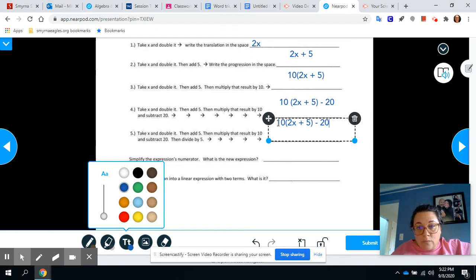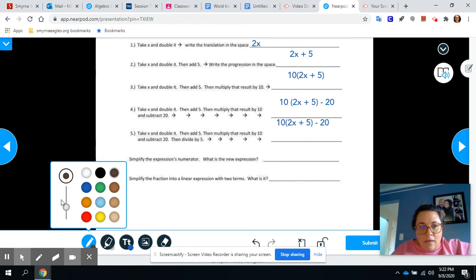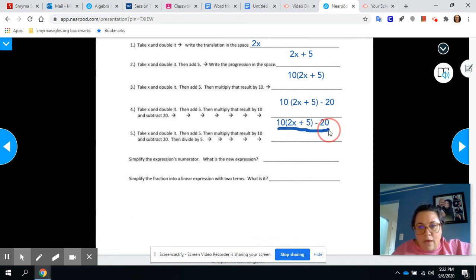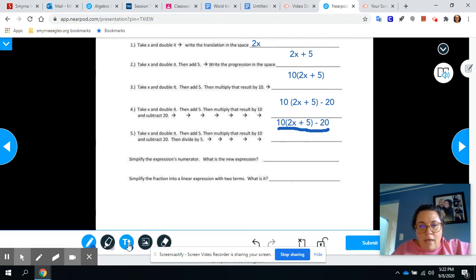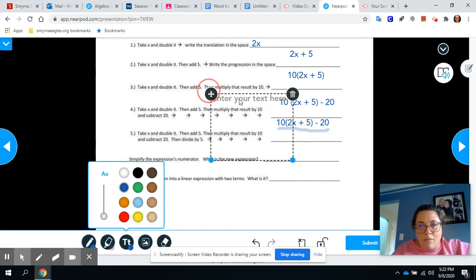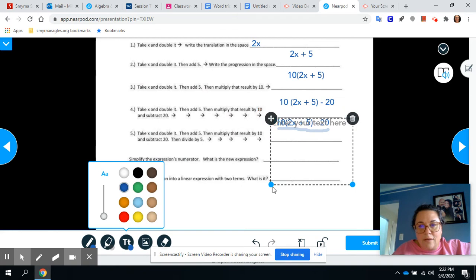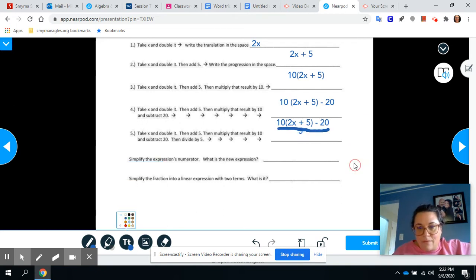So what I would typically do, I wonder if it'll let me, is draw a line. Ooh, yeah. And then put my box in. And look at that. It's fancy. There you go. I guess not.